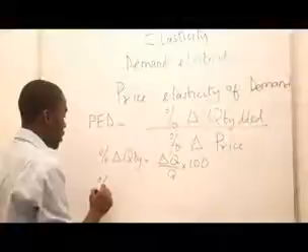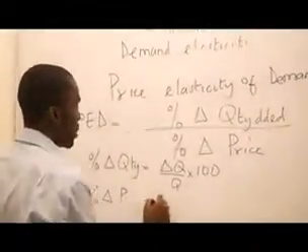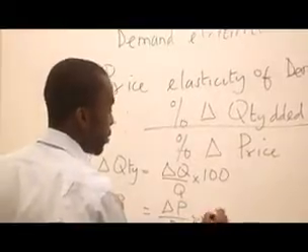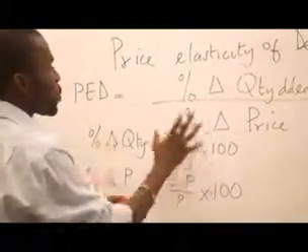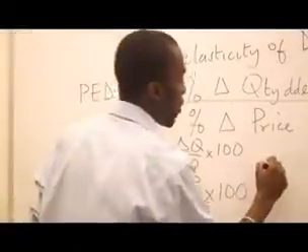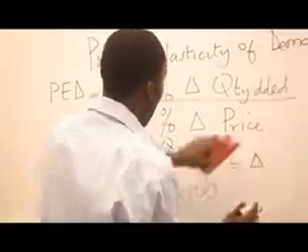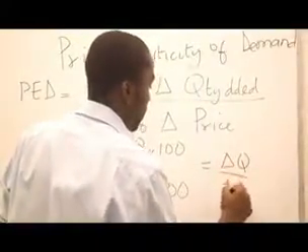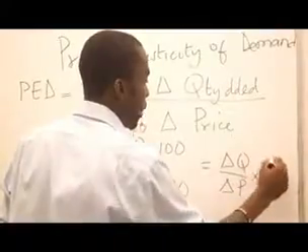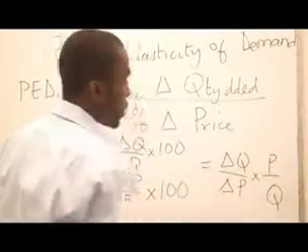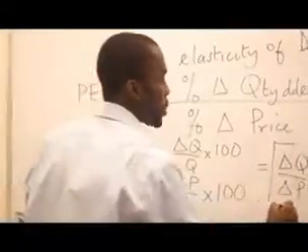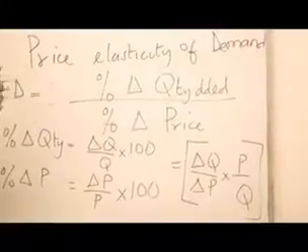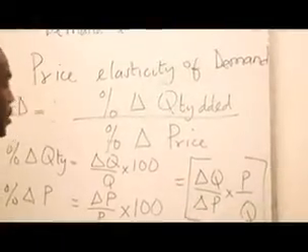And then the percentage change in price will be the change in price divided by price times 100. When you do your inverse and everything, you would end up having change in Q divided by change in P times your price over quantity. So you can use this formula to get your price elasticity of demand.